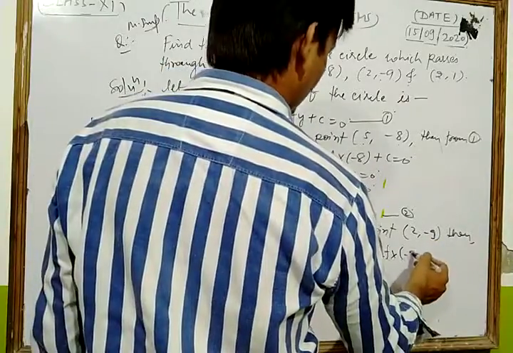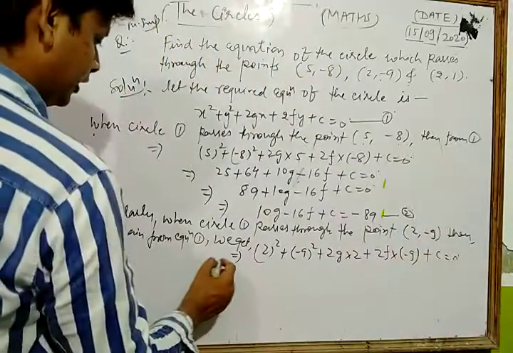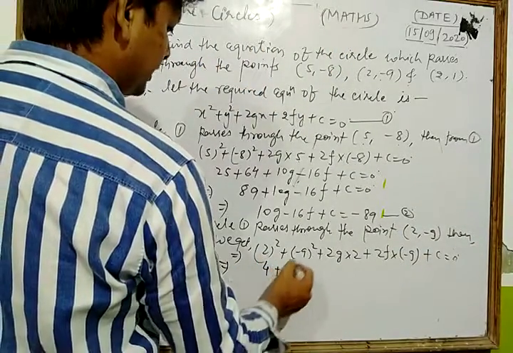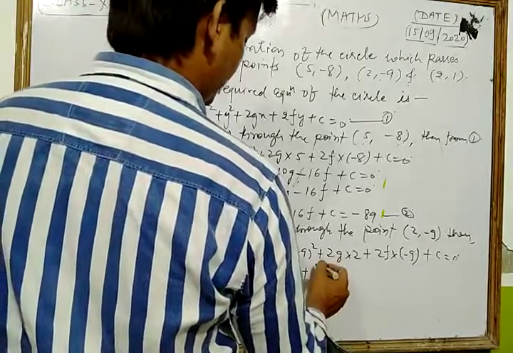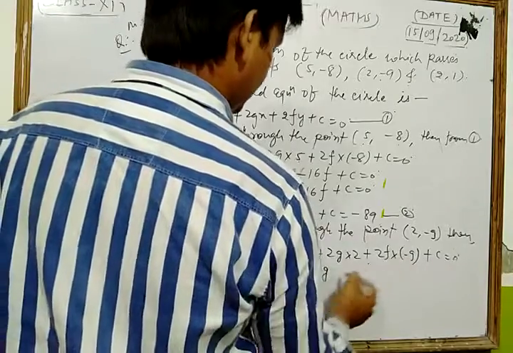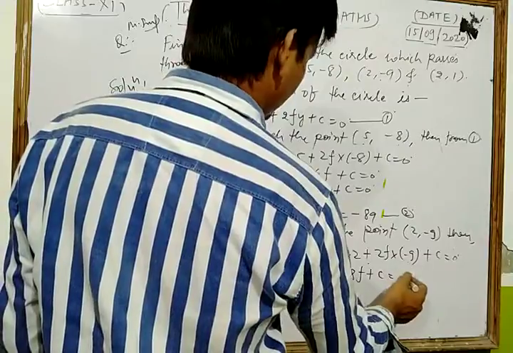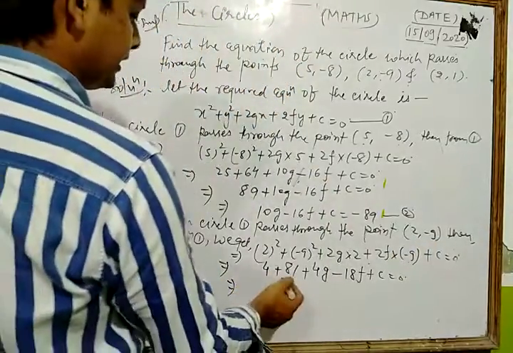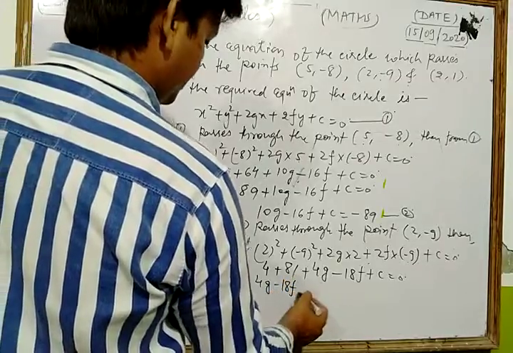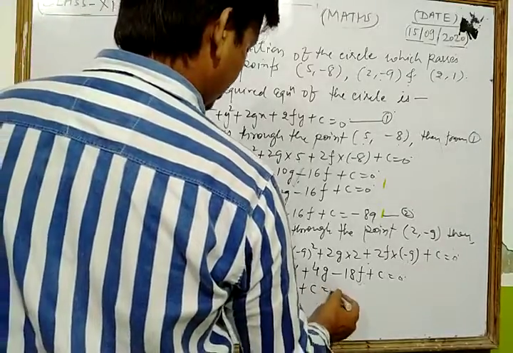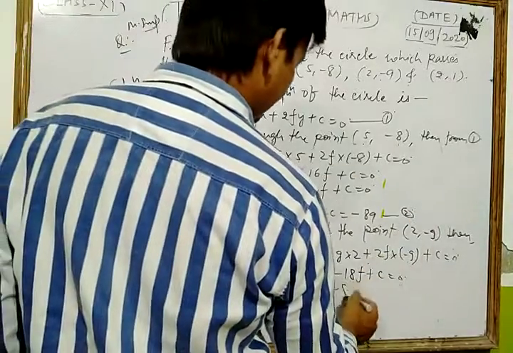Plus c is equal to 0. Now we get 4 plus 81 plus 4g minus 18f plus c is equal to 0. Now we get 4g minus 18f plus c is equal to, here 4 plus 81 is 85, transferring that to the other side, we get minus 85.